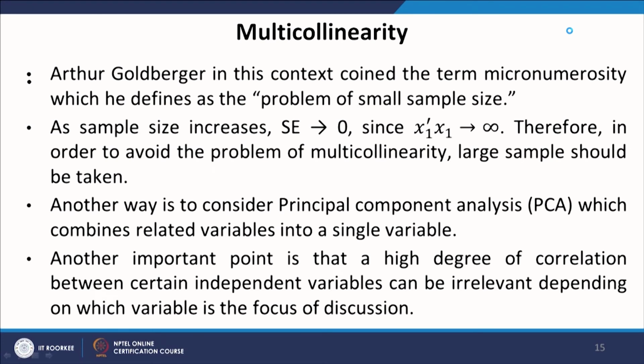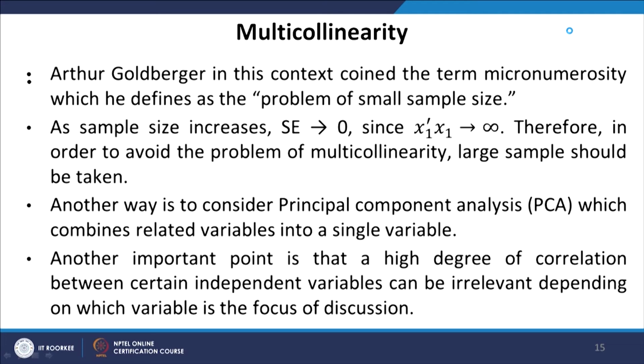Arthur Goldberger in this context coined the term micronumerosity, which he defines as the problem of small sample size. As sample size increases, the standard error tends to 0, since x j prime x j tends to infinity, that is, TSS becomes large.